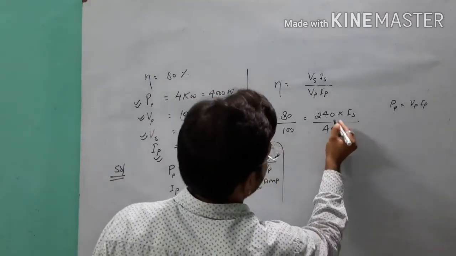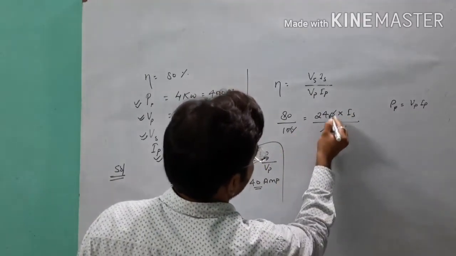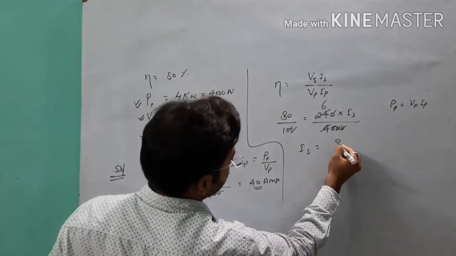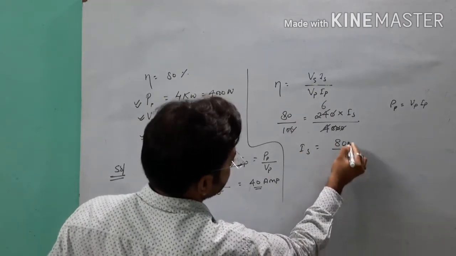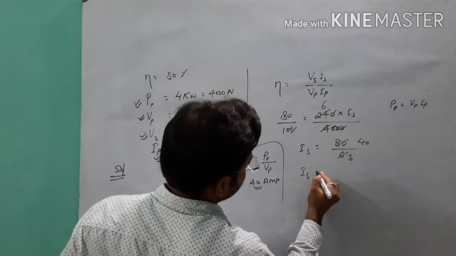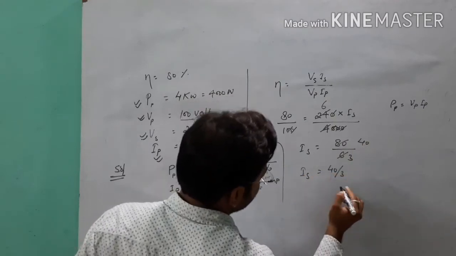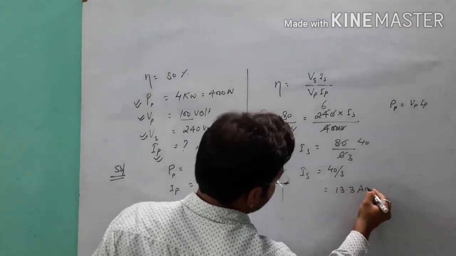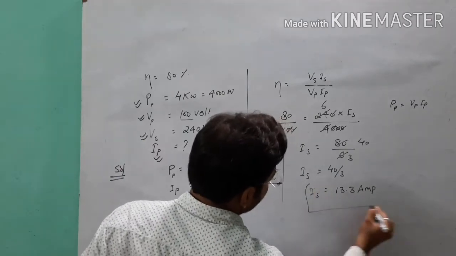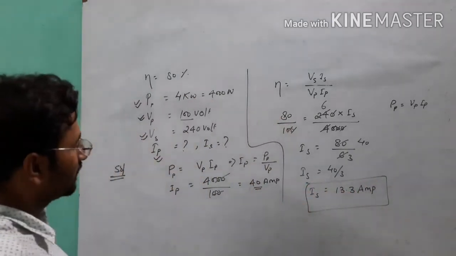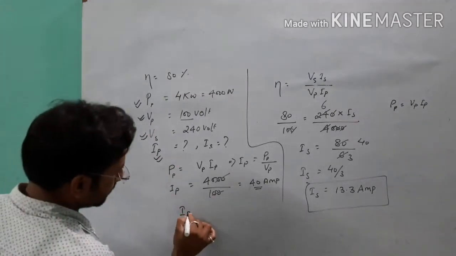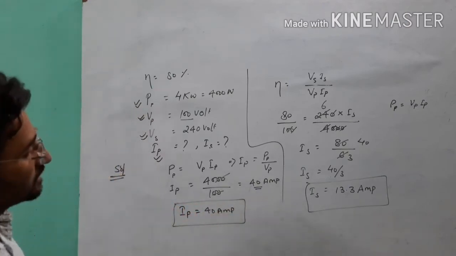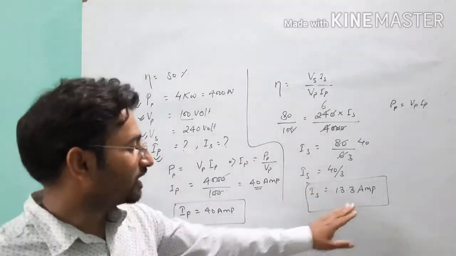So Is is equal to 80 by 6, and simplifying, Is is equal to 40 by 3, which is near about 13.3 ampere. So this is the current in the secondary coil, and this is the current in the primary coil. Point clear? So this is the current in primary and current in secondary.